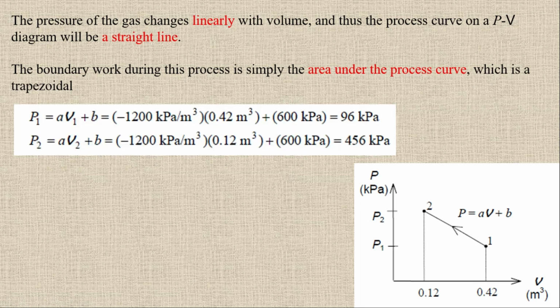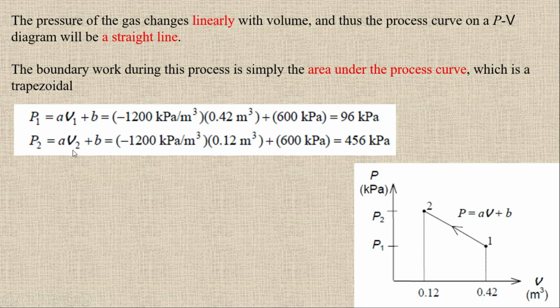P1 is equal to AV1 plus B. The value of A is given, which is negative 1200 times V, which is 0.42, plus the value of B, which is 600 kilopascal. Solving this, you will get P1 is equal to 96 kilopascal.